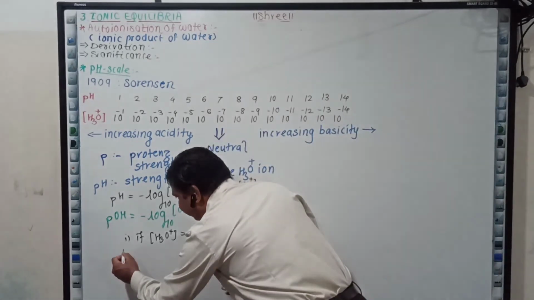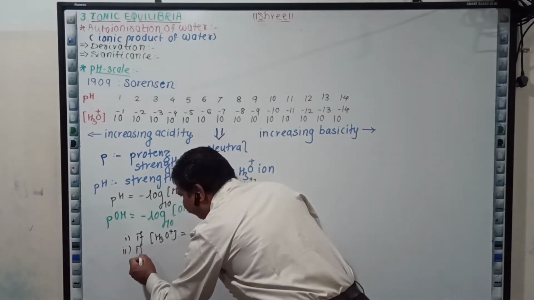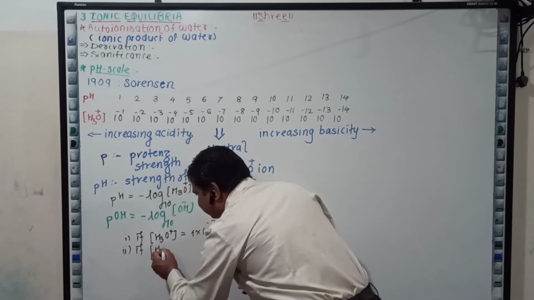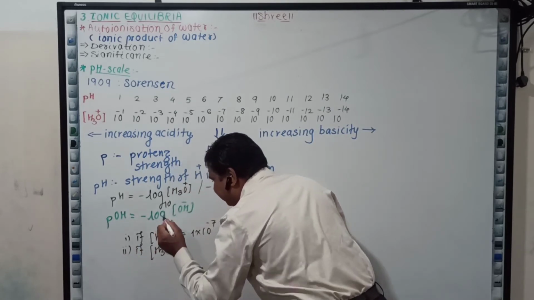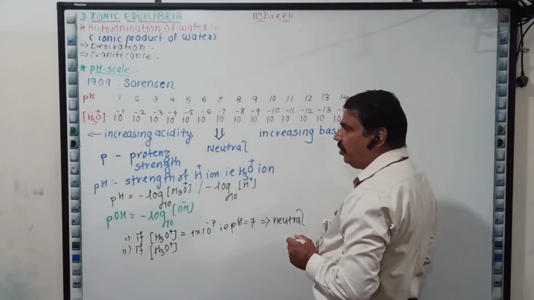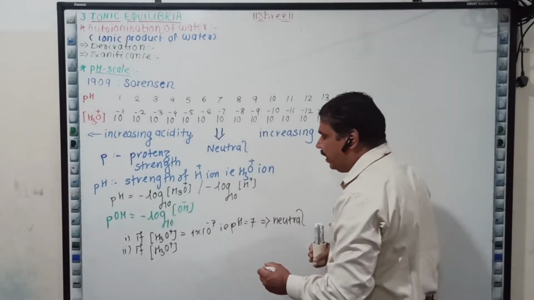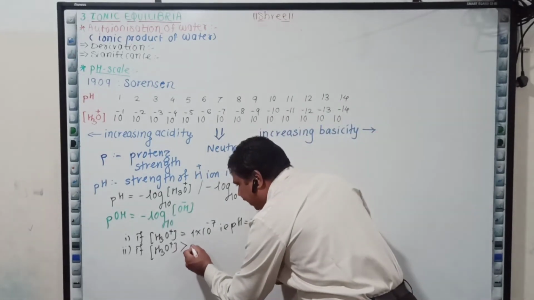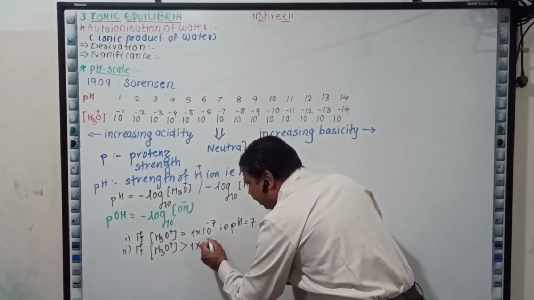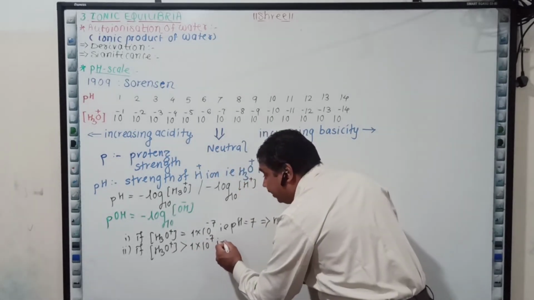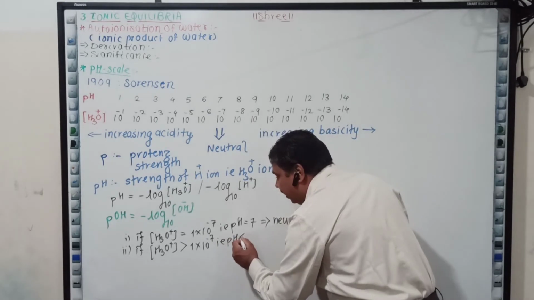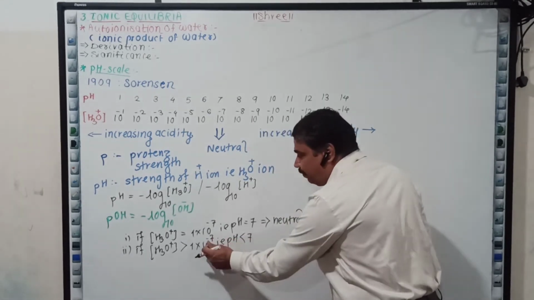Now second point, if concentration of H3O plus is greater than 1 into 10 raised to minus 7, that is pH less than 7. Opposite point लक्षात घ्या.